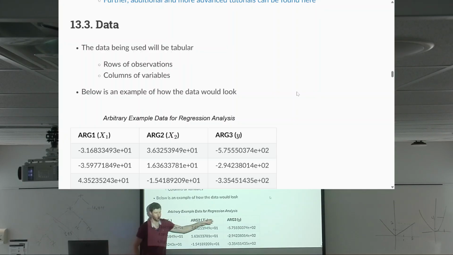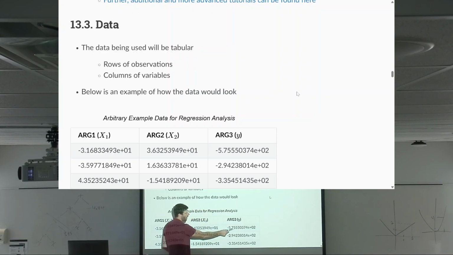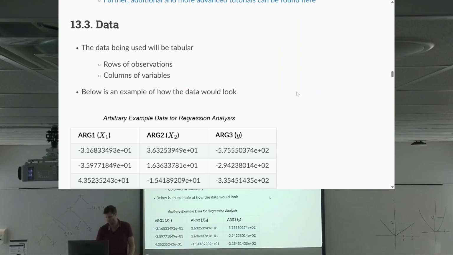X1, X2, Y. As far as DEAP's concerned, well, I guess you can make it work however you want, but often you'll have the independent variables, and the last one is the dependent variable, the Y. This is what I got when I observed this and this. So the function of X1 and X2, I want to give me whatever this says. That's the idea here. Columns are the features, and rows are the observations.